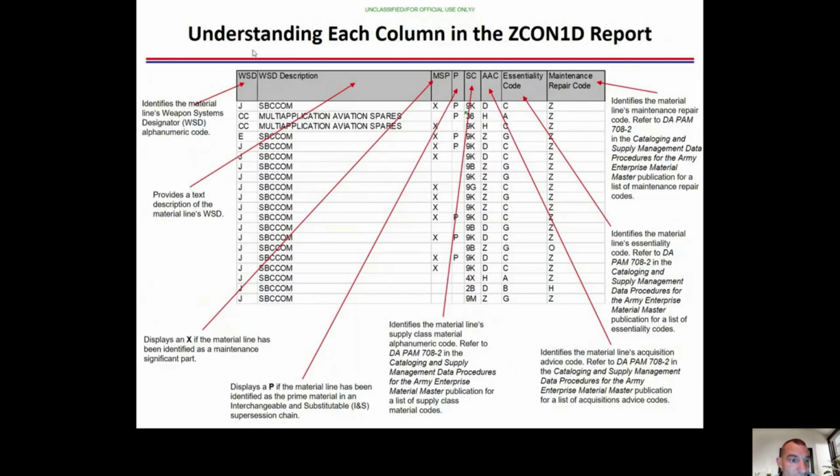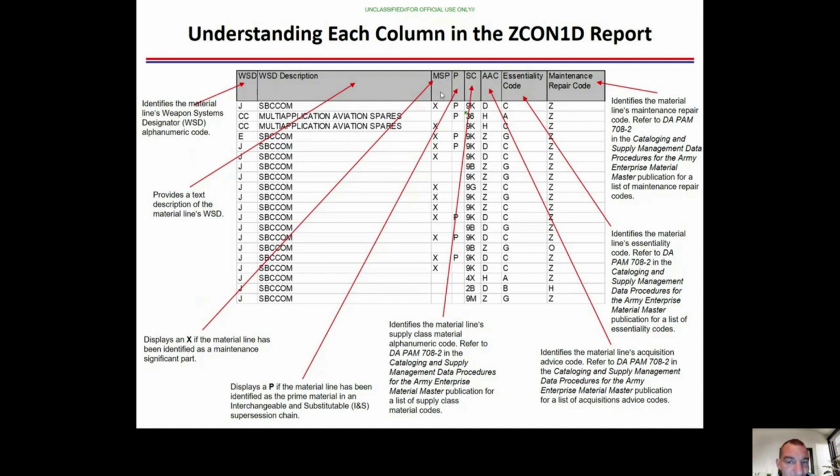All right, so WSD, okay, identifies the material line's weapon system designator. It's an alphanumeric code. I'm going to do a separate video on this. Here, WSD description, just a description. MSP displays an X if the material has been identified as a maintenance significant part, okay?